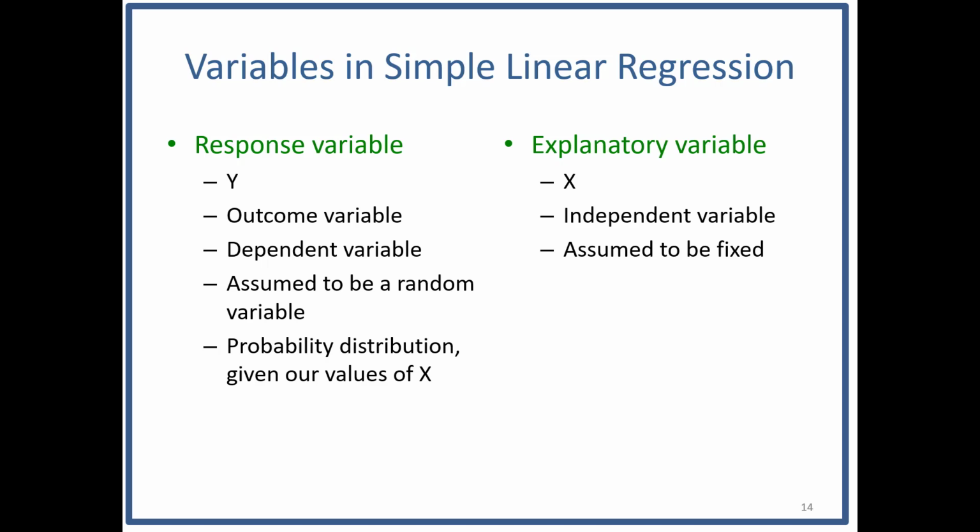Our explanatory variable, x, and we only have one of these in simple linear regression, is sometimes called independent variable. And that's assumed to be fixed. It's not assumed to have a probability distribution. So again, we have one response and one explanatory variable in simple linear regression, y and x.